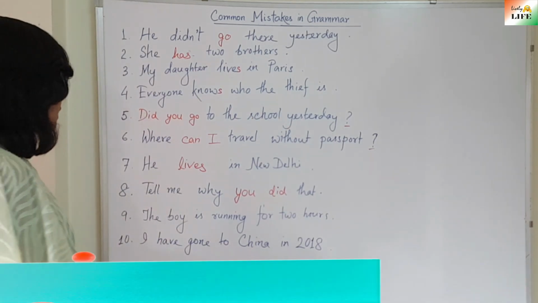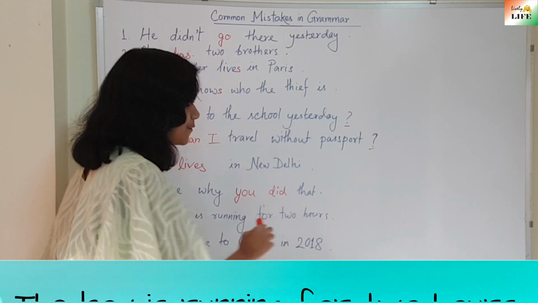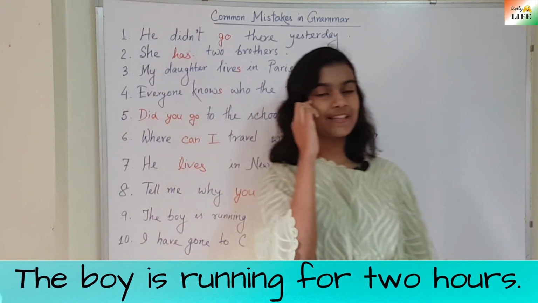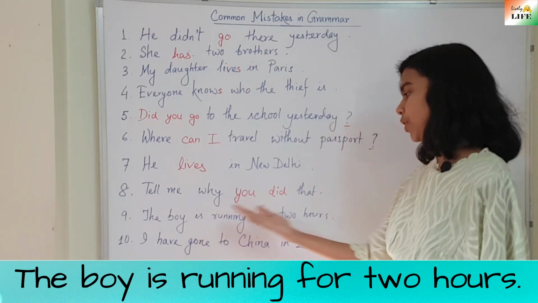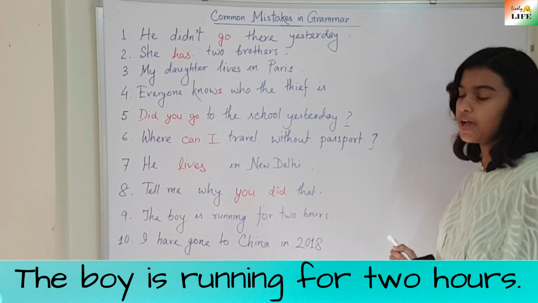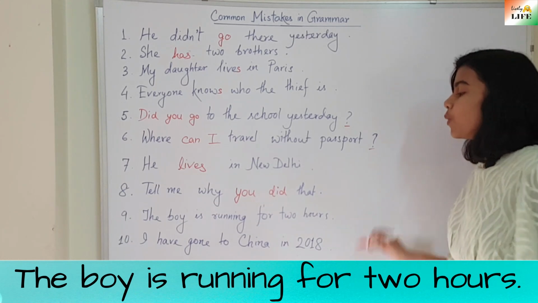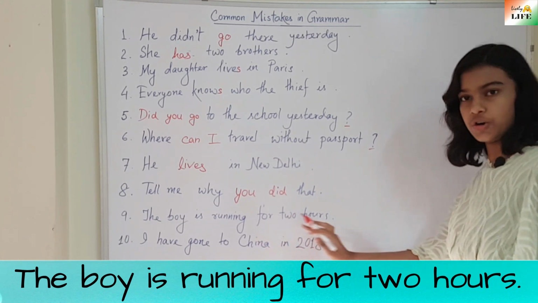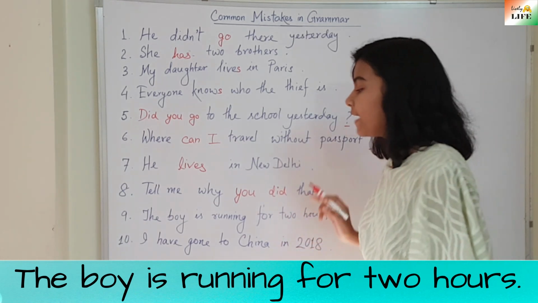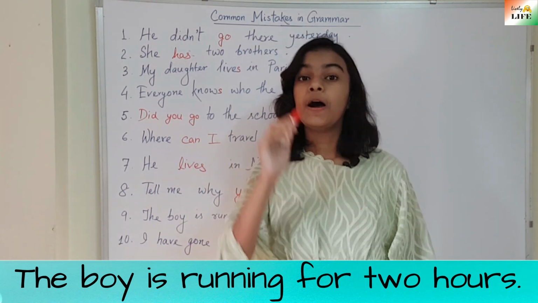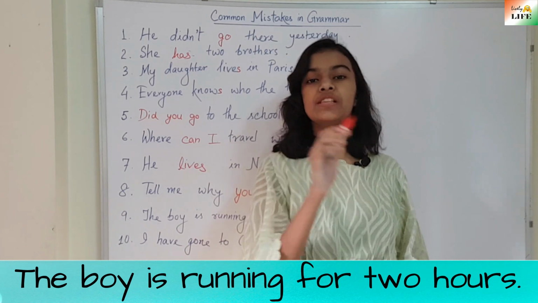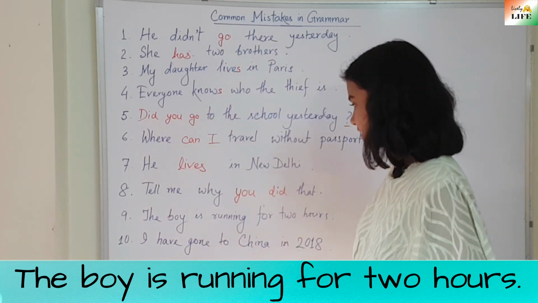The 9th one. "The boy is running for 2 hours." That sounds very much correct. But remember here, when we use "for" or "since," we will always use the perfect continuous tense in that sentence.